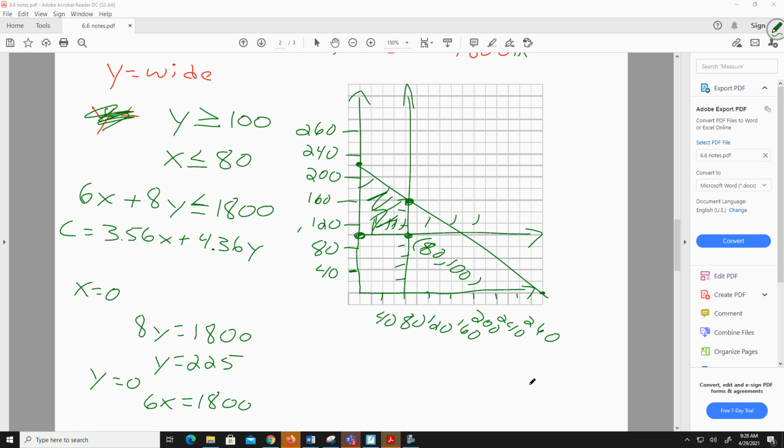This one is at 100 and 0, or 0 and 100. This one's at 0 and 225. I hope everyone can read that. And then this last one here, I'm at 160 and 80. Then you would just plug these values in and see what you get for your max and min.